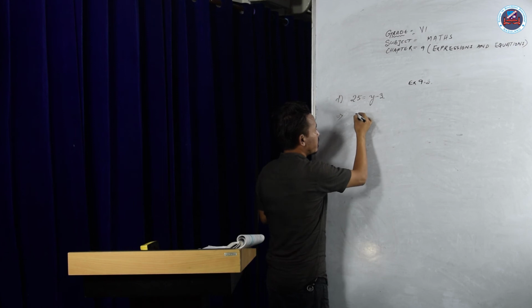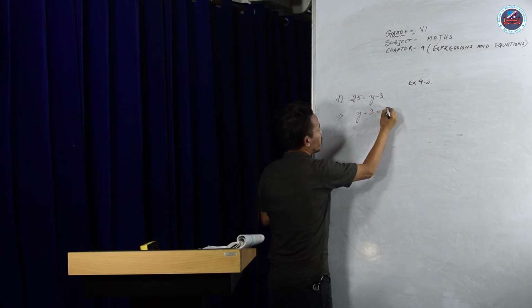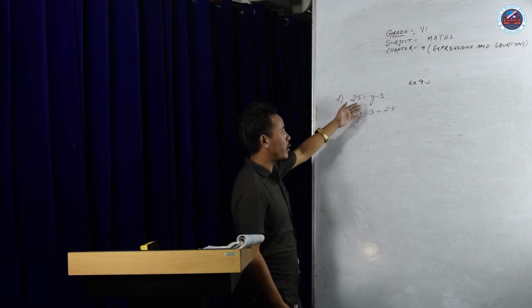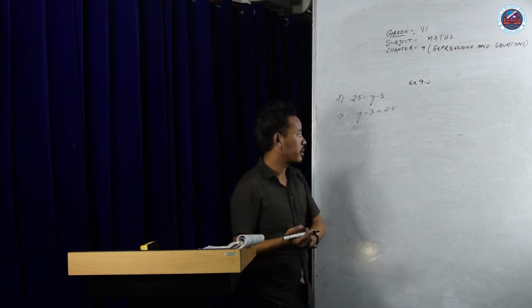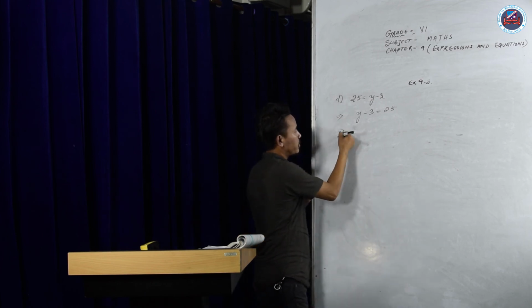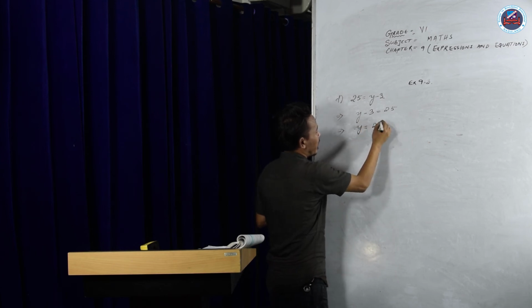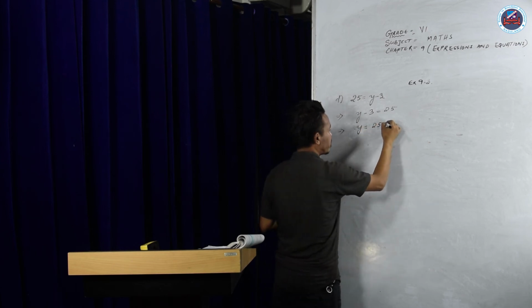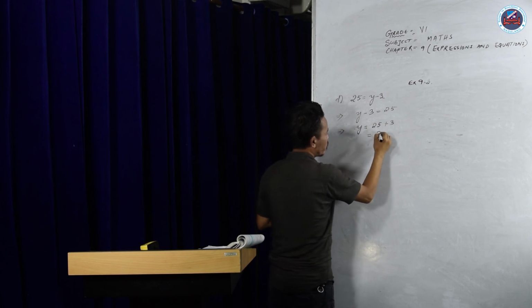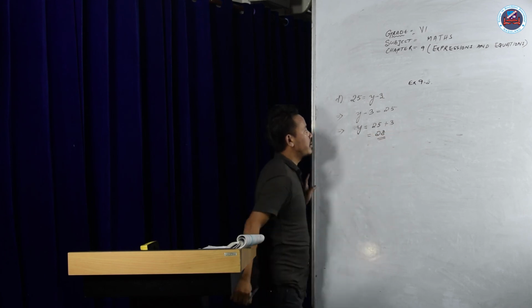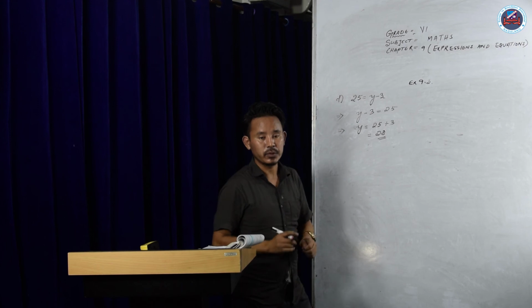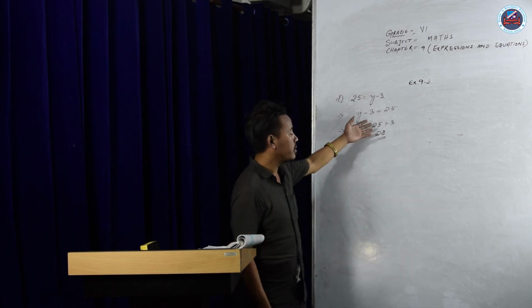That is, y minus 3 equals 25, or 25 equals y minus 3. It's both the same, right? So now here y equals 25 minus 3; the 3 to the right hand side becomes plus 3, correct? It becomes 28. And this is the method that Daitya has used, which is rather simple.